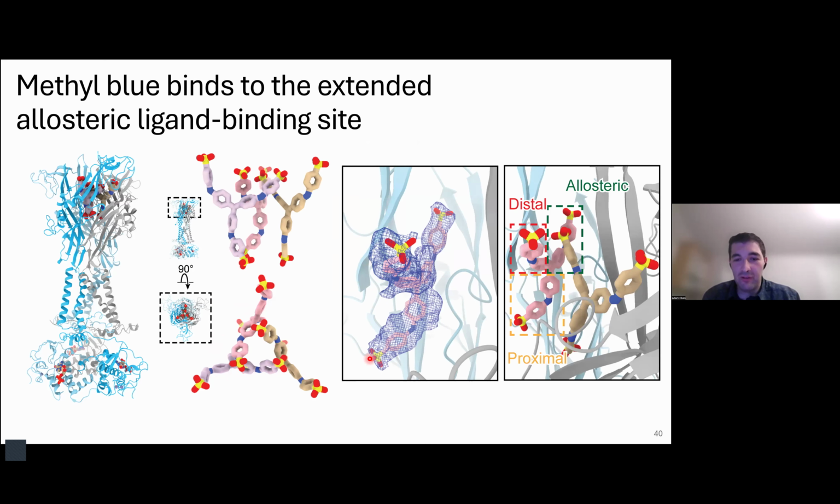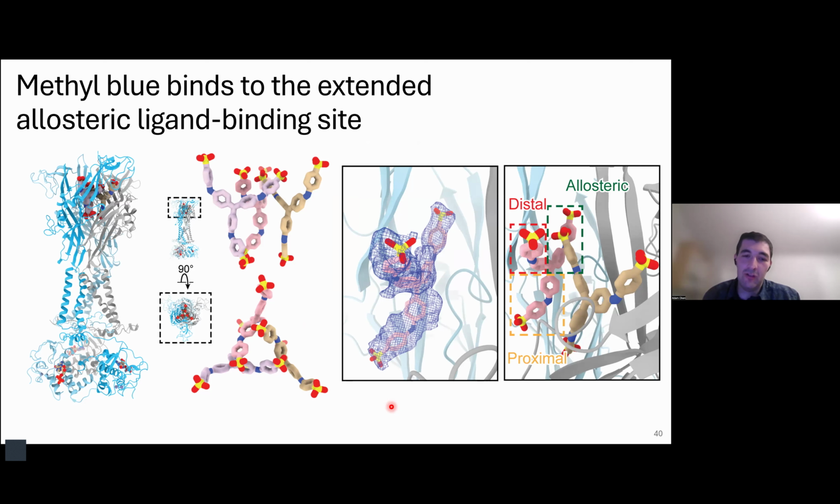And one final thing is that this molecule binds to P2X7 differently than the other allosteric ligands that I've talked about previously. We were able to define a new allosteric site, which we call the extended allosteric site, which coordinates methyl blue.